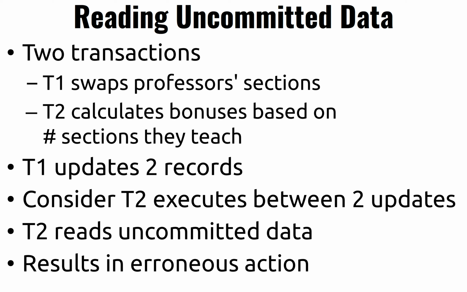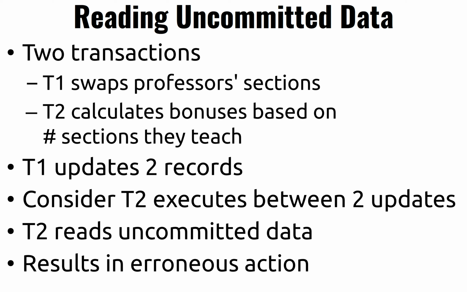So thread one updates one record and goes to sleep, then thread two comes around, does a calculation of how many sections you are teaching, and calculates what the bonuses are, and then it goes away. It ran really fast and calculated everybody's bonuses. Now transaction one wakes up again and says, I had updated Professor 1, now I'm going to update Professor 2, and it's done.